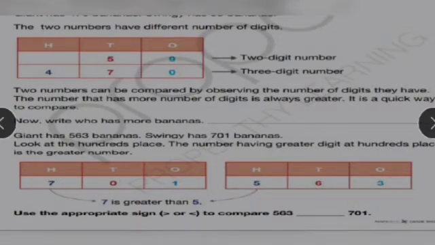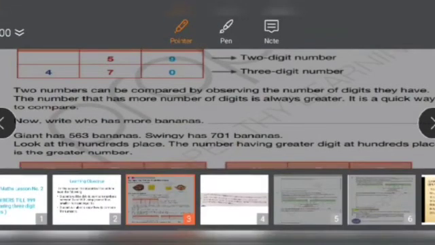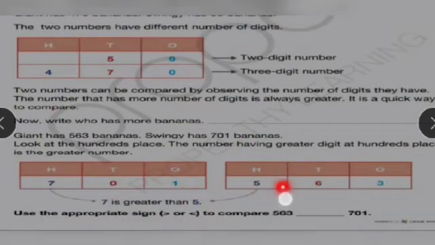Both are 3-digit numbers. When we are comparing two 3-digit numbers, you first have to see the digit in the hundreds place. In 563, 5 is in the hundreds place, and in 701, 7 is in the hundreds place.